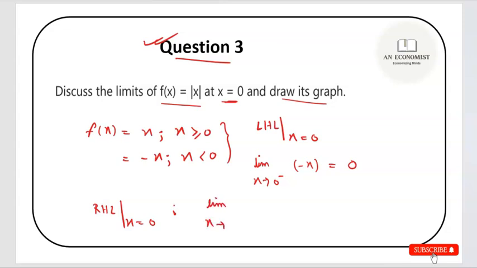Let's do that. 0 plus, now from the right hand side the value is x, so you have 0. Just put 0 in place of x. So what you see is that the left hand limit is 0, the right hand limit is also 0, the values are equal. So you will say that the limit exists at the point x = 0.